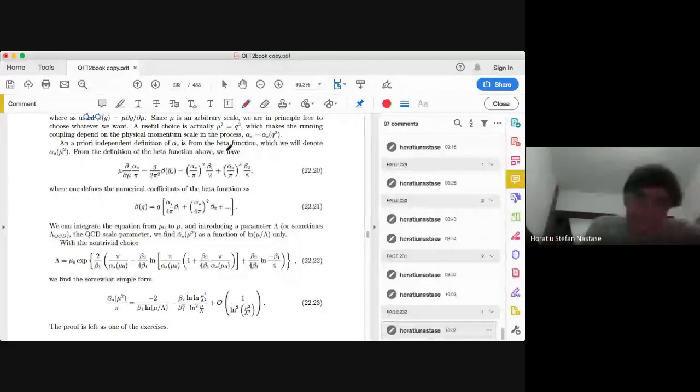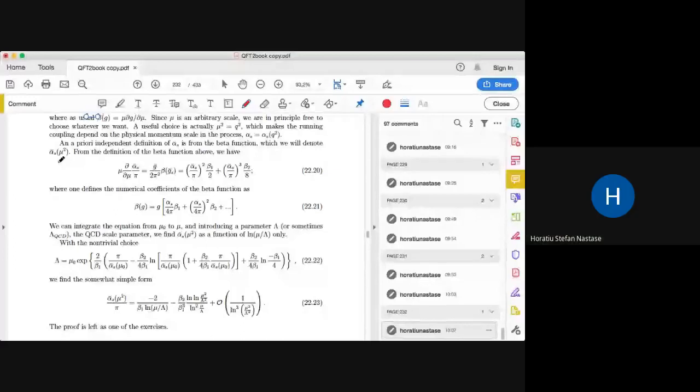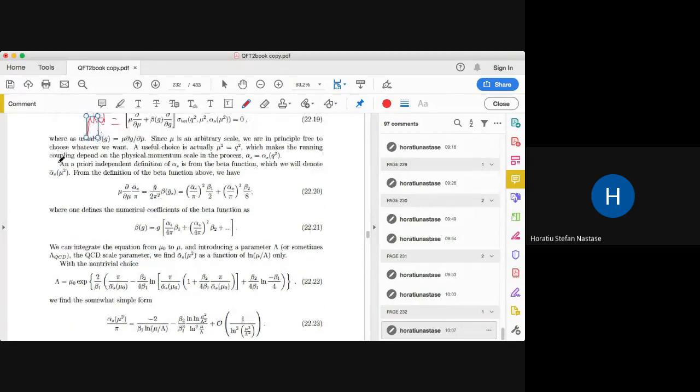So that we will call alpha tilde strong of mu squared. So alpha strong is g squared over 4 pi, sorry, g squared over 4 pi.